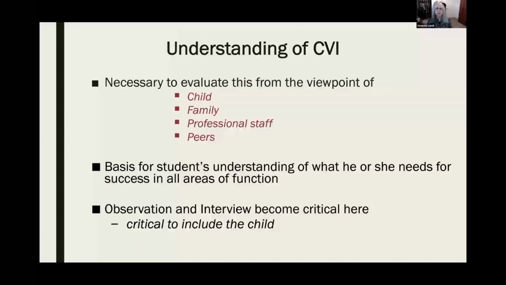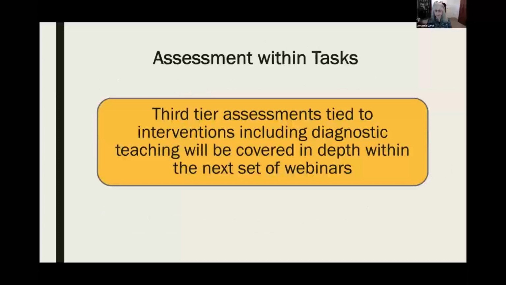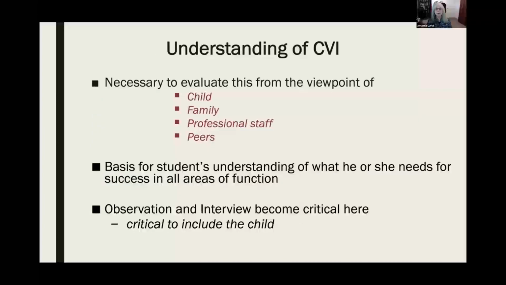We also talked about understanding of CVI, and it's necessary to evaluate this from the viewpoint of the child, the family, the professional staff, and peers, and find out how they understand CVI, what needs to be explained to them so that they understand why the child operates the way he or she operates and how they can help the child.